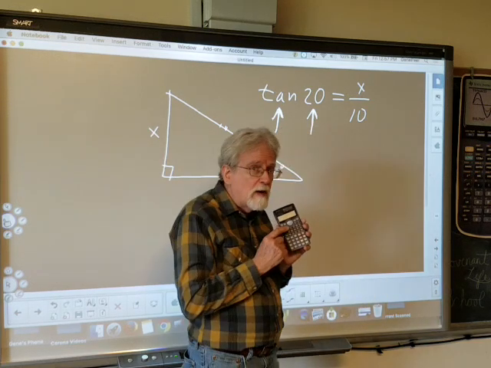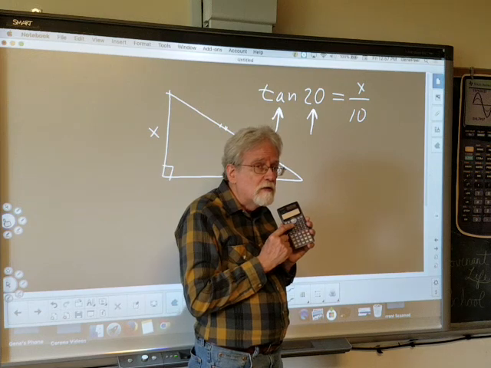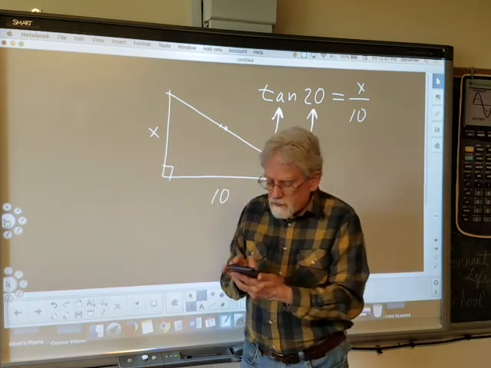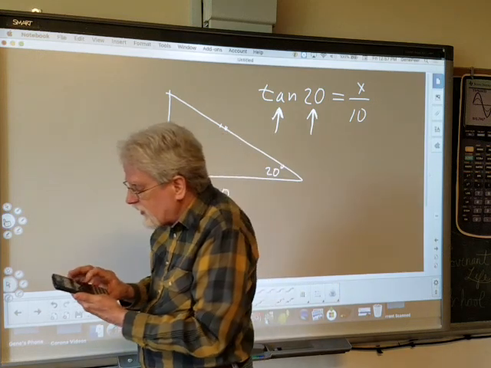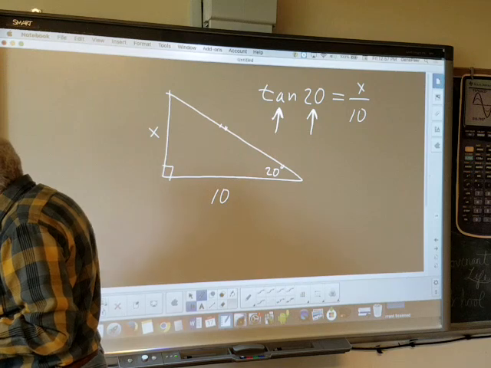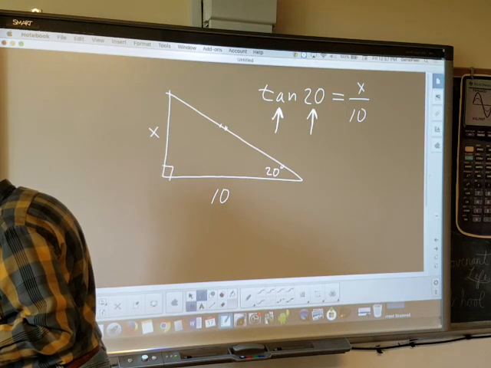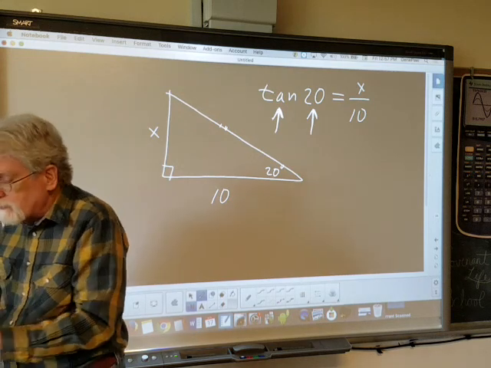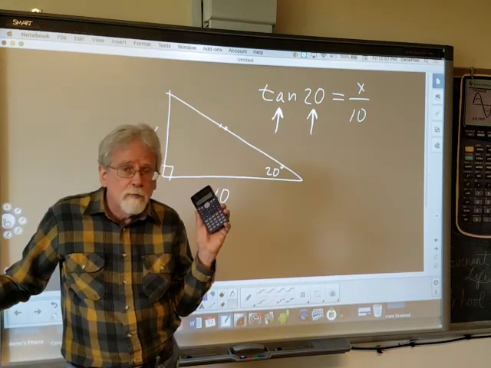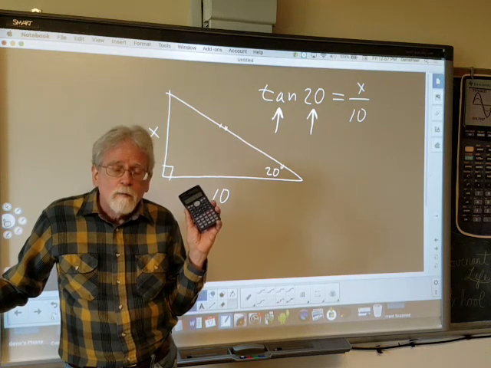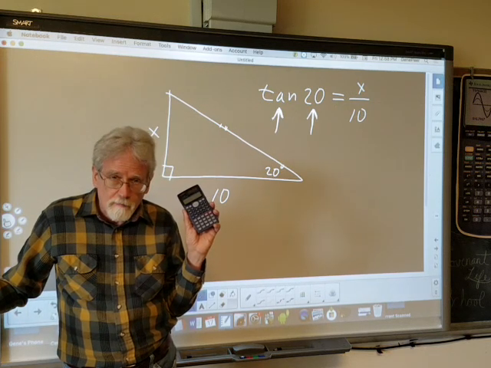Your calculator may already be set to use radians. So if you put into your calculator the tangent of 20 degrees, and you get something other than 0.3640, then your calculator is probably set for radians, and you need to change it to degrees. We're not going to go over that procedure right now, though.